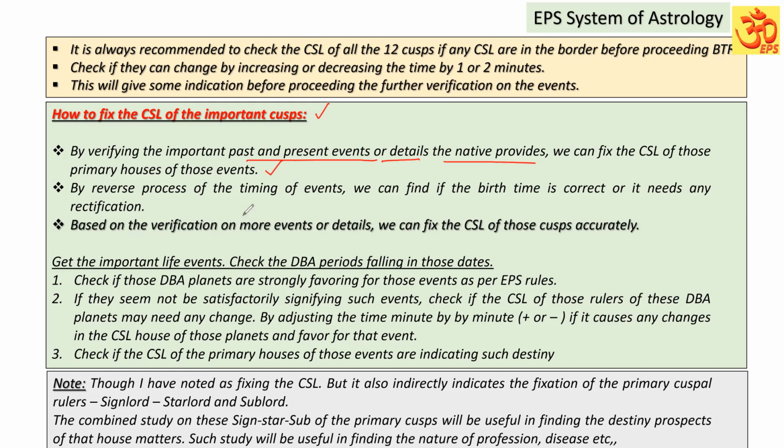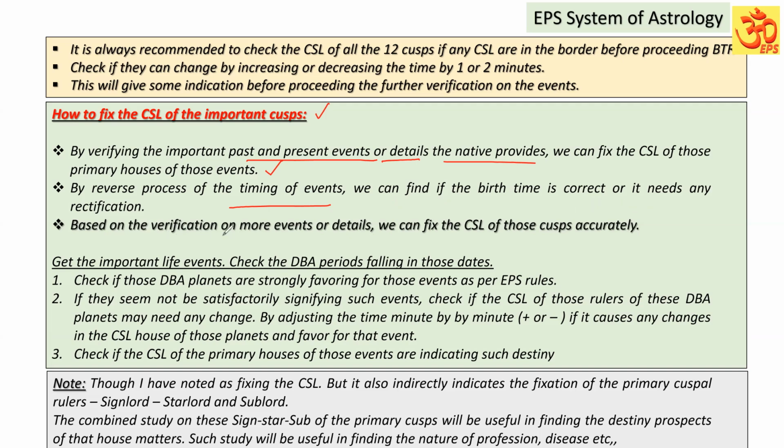So we are doing the reverse process of the timing of events. If we are satisfied that the planets are favorable, then by doing this reverse process we can find whether the birth time is correct. If you feel the birth time seems incorrect because the DBA in which he got married does not match as per the EPS standards, then the birth time can be incorrect and may need rectification.